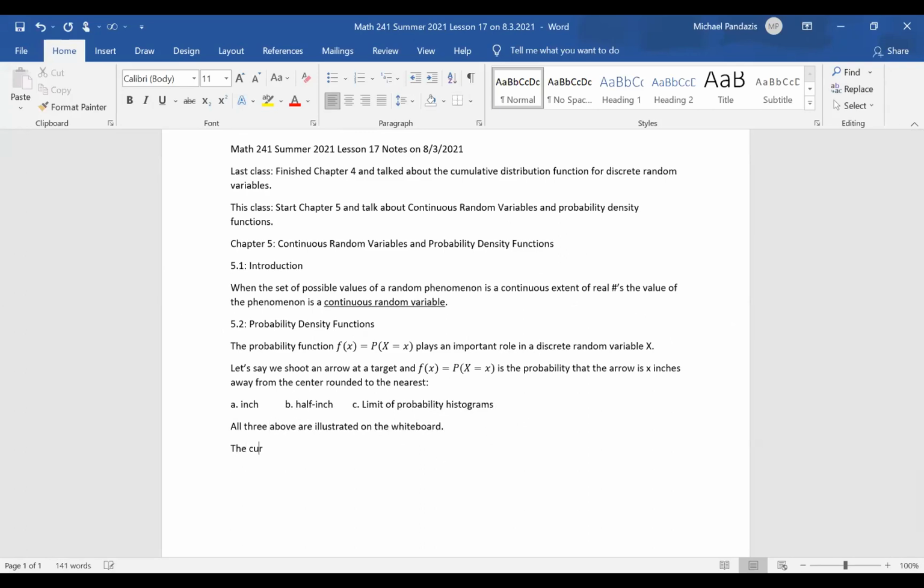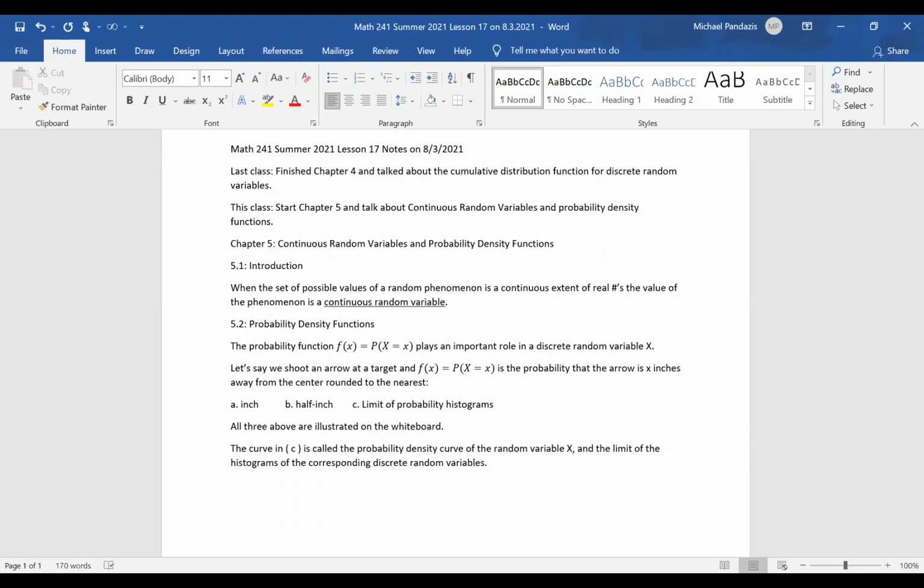And so the curve in C is called the probability density curve of the random variable capital X, and the limit of the histograms of the corresponding discrete random variables.